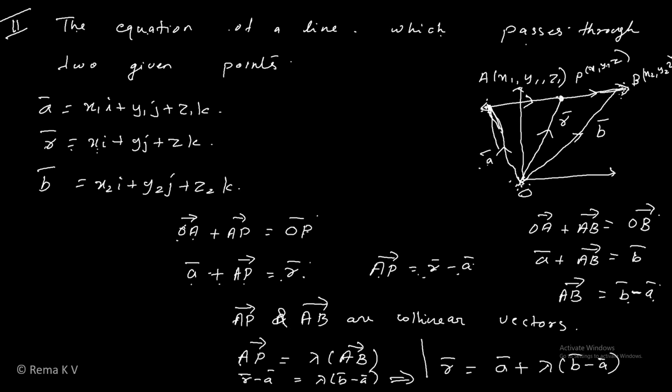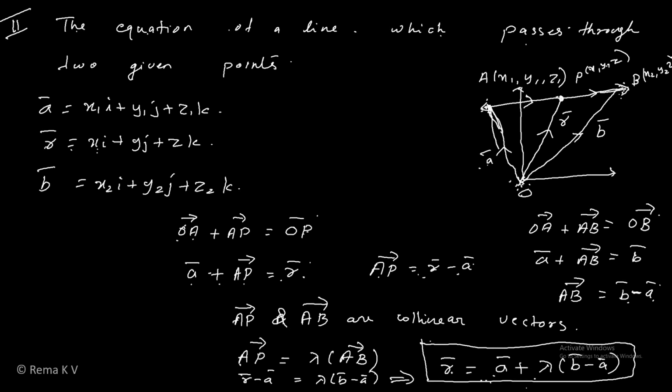This is the vector form of the equation of a line which passes through two given points. Vector r is equal to A plus lambda into (B minus A).